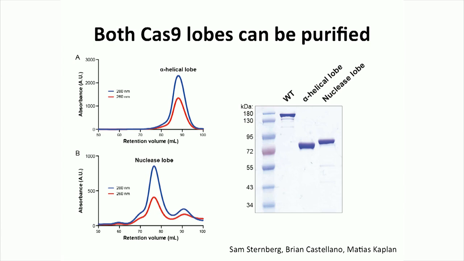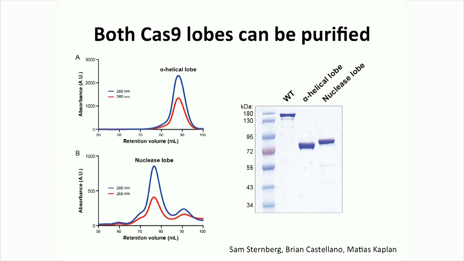And this is just showing you a little bit of that protein biochemistry. So we found that we could actually express these proteins, and they purify pretty nicely. These are profiles off of a size exclusion column, so they look pretty well behaved, and you could show that they can be cleaned up and purified and run on a protein gel here, and you can see that the proteins look pretty stable and clean, at least in that biochemical sense.